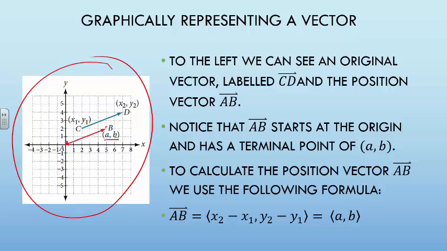To calculate the position vector AB from a given vector, in this case CD, we take the second x-coordinate minus the first x-coordinate, comma, second y minus first y, and that gives us our AB.